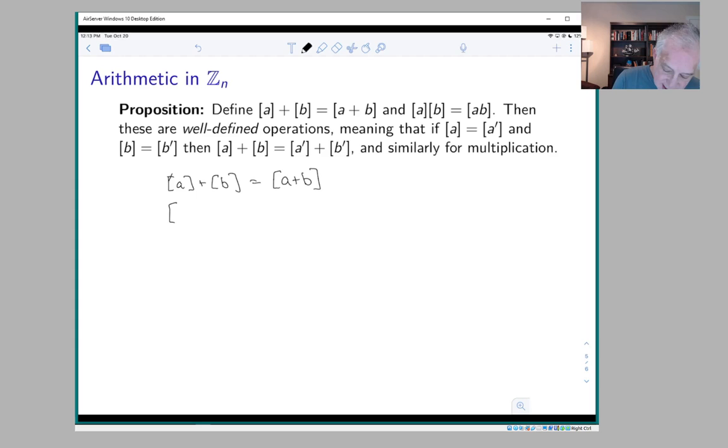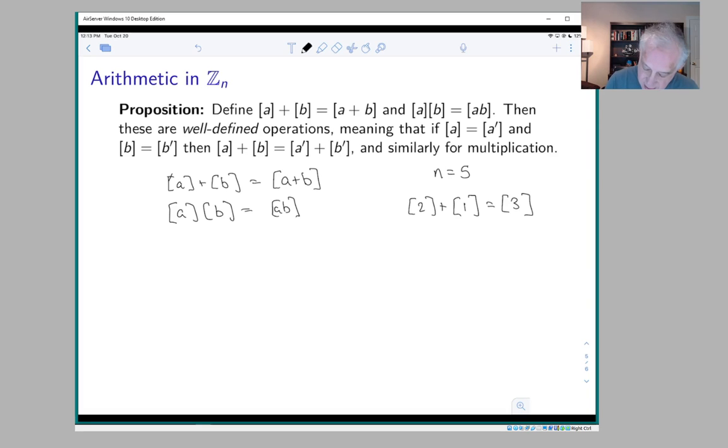And we define the product of equivalence classes to be the equivalence class of the product. So if n were 5, for example, this would say that [2] plus [1] is [3]. No problem there. A little more mysterious would be [2] plus [3] equals [5].